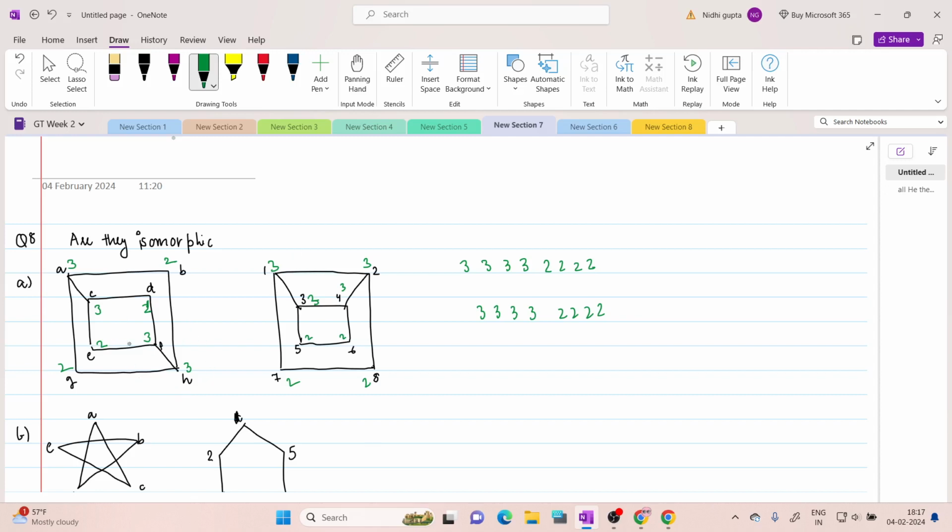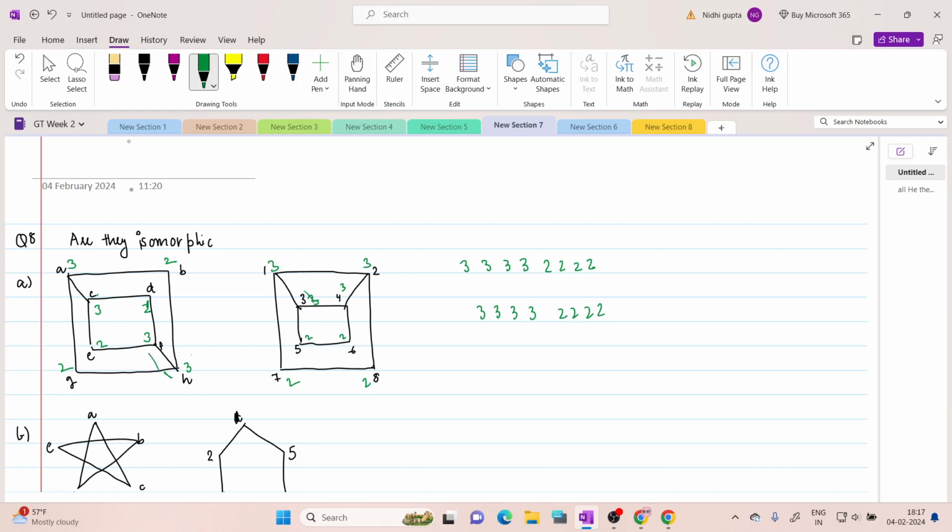I'm saying that in the first one they are in opposite directions, like C to A, and H to 3. They are in a diagonal way. And here we have 1 to 3 and 4 to 2.